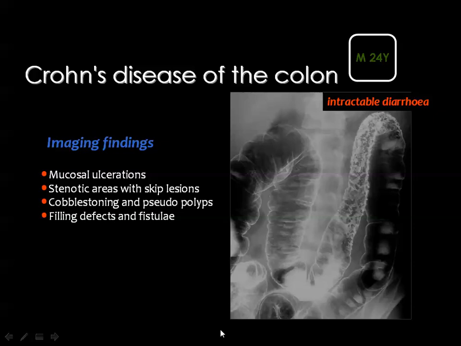Crohn's disease in the colon may result in the development of mucosal ulcers and inflammatory pseudopolyps. One of the common causes of pseudopolyps in the colon and in the small bowel is Crohn's disease.